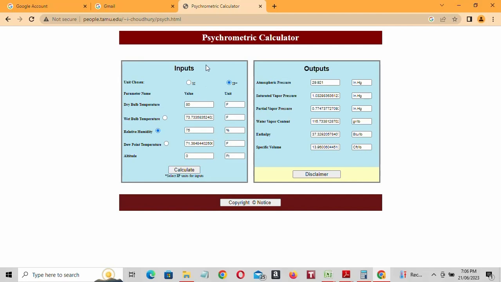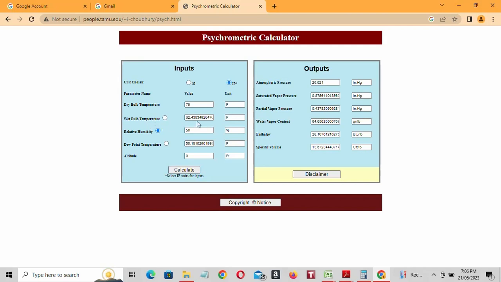For dry bulb, you have to use this one. Dry bulb is 75 and relative humidity is 50. So you will get this value.